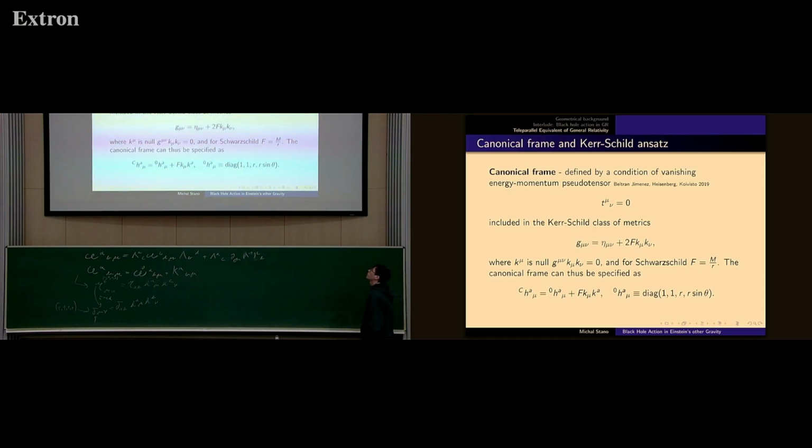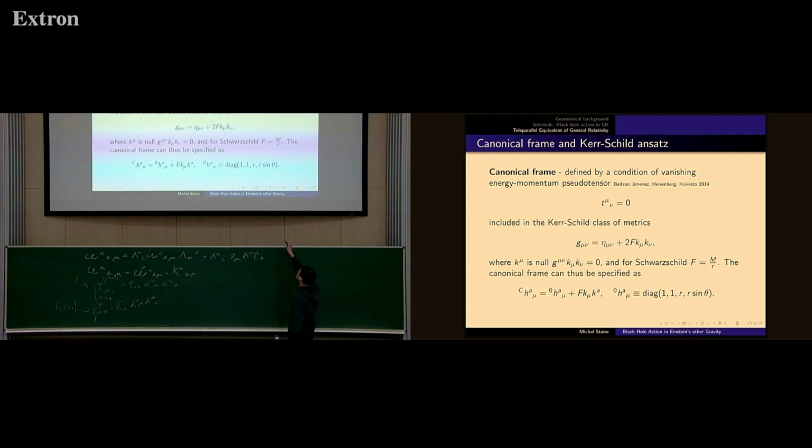Well, okay, so what is the canonical frame? It turns out that the canonical frame can be defined by a rather straightforward condition of vanishing of the energy momentum pseudotensor. And luckily for us, there's a whole class of metrics which fulfill these conditions, and these can be found within the so-called Kerr-Schild class of metrics.